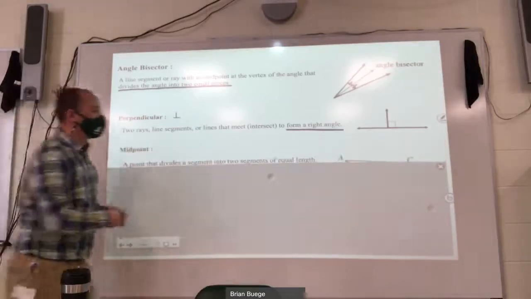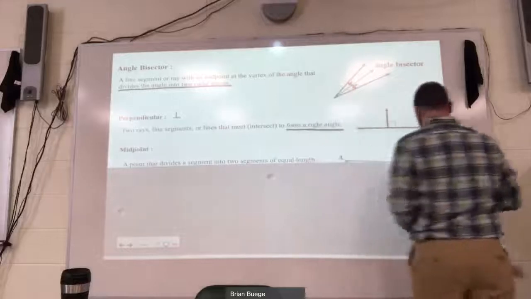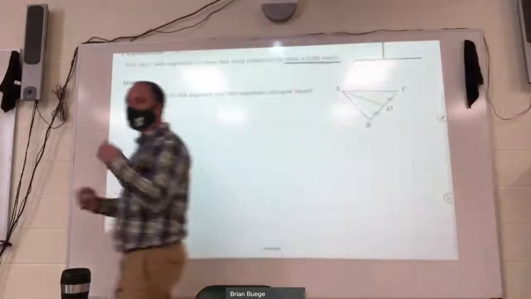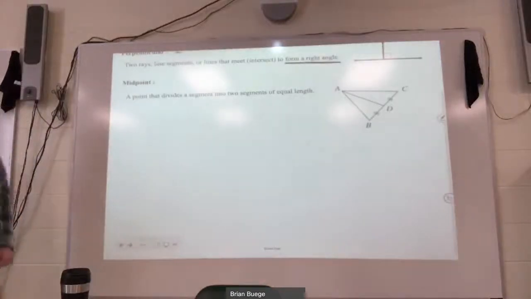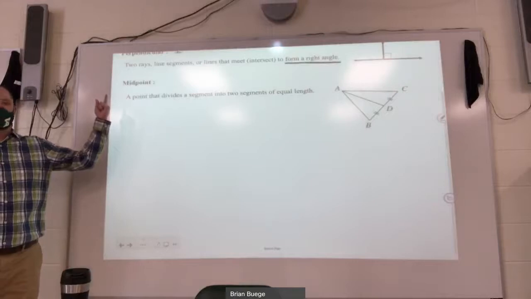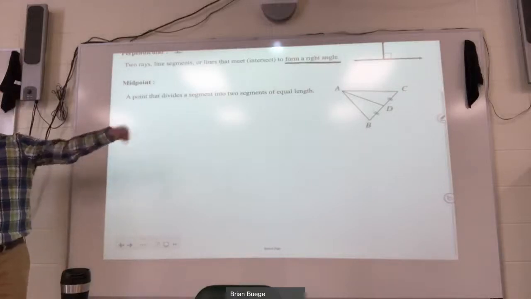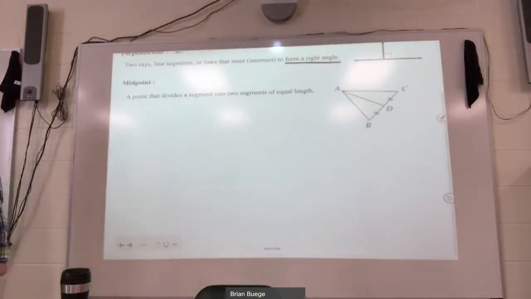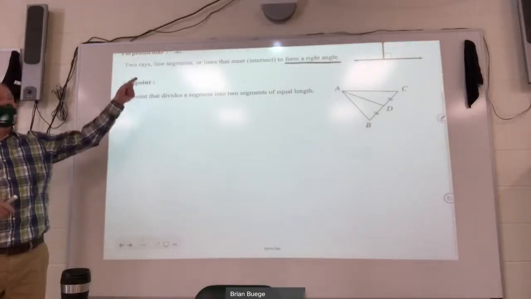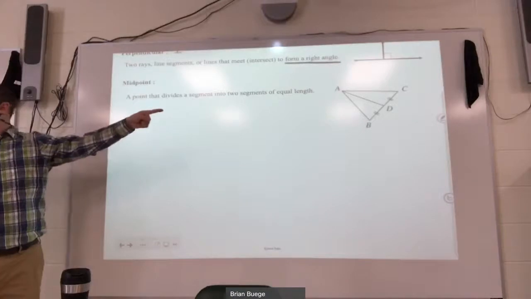And then the last one, which is directly related to the first one, is the idea of a midpoint. And it's exactly what it sounds like. It is a point in the middle of a line segment. So therefore, if you know you've got a point right in the middle, just like an angle bisector cuts an angle in half, a midpoint cuts a segment in half.